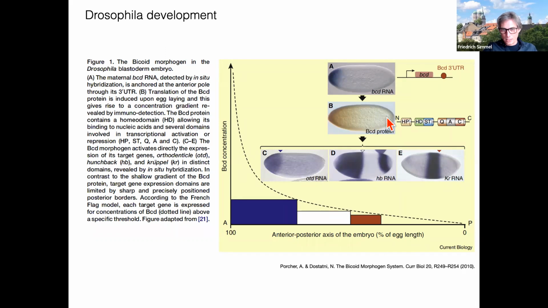And this gradient is then used by some downstream gene circuitry to determine the front and the back of the embryo, and then there is further definition of different regions in the embryo, like the stripe formation and so on.